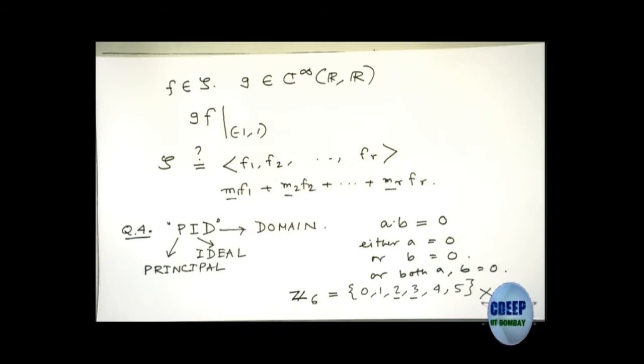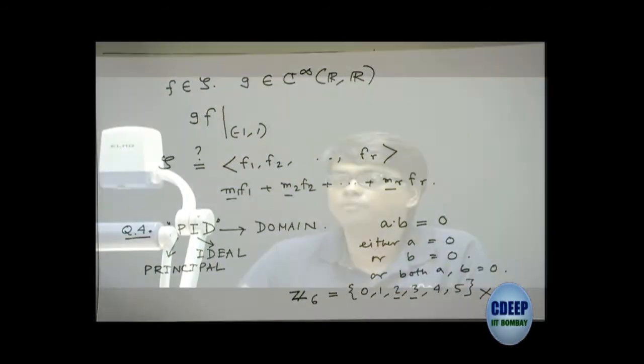Just one counter example is good enough to not qualify as an integral domain. In order for this to be an integral domain, we should never be able to find such an example. It should always happen that if a times b equals 0, then one of them has to be necessarily 0, which is true for integers.